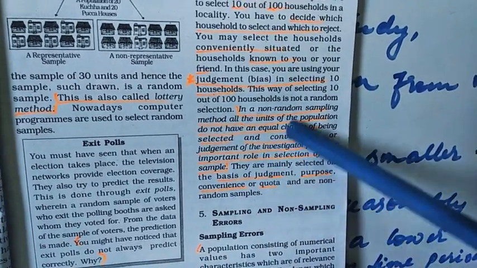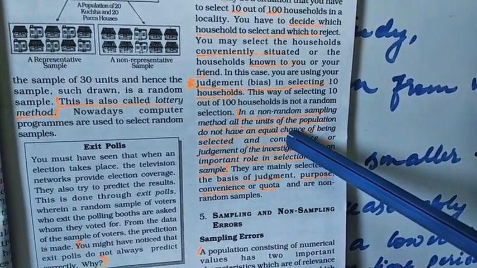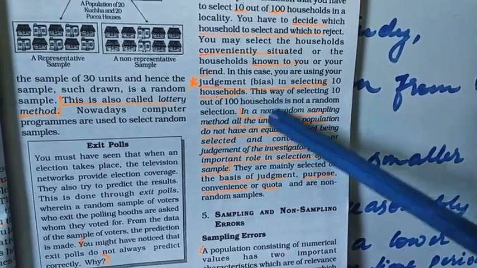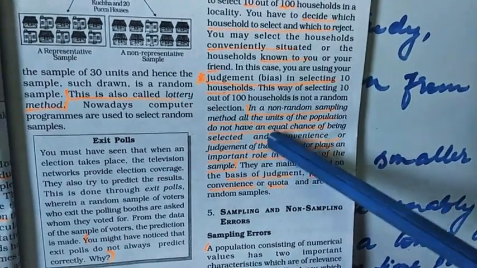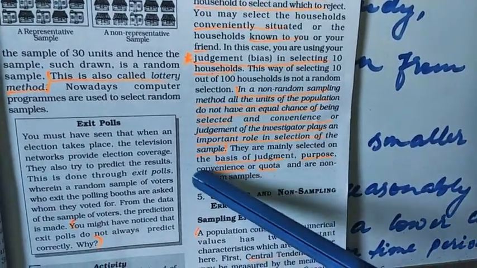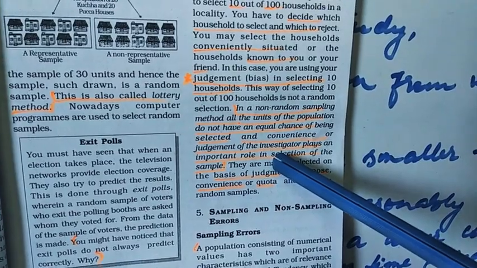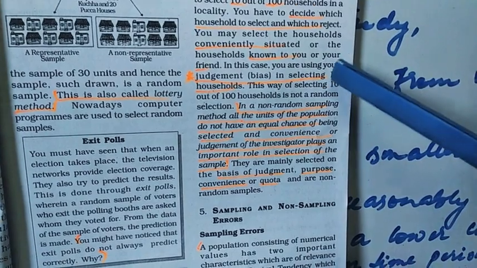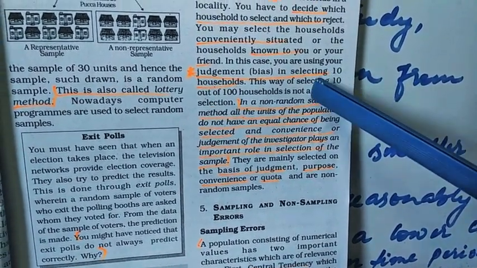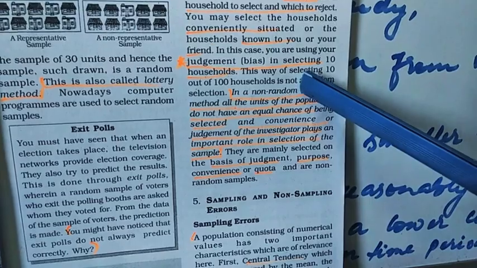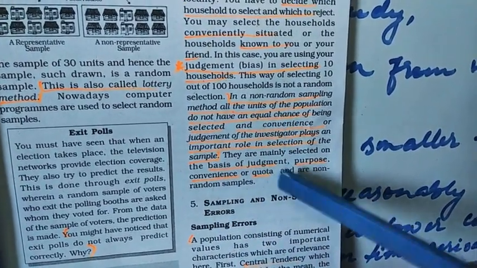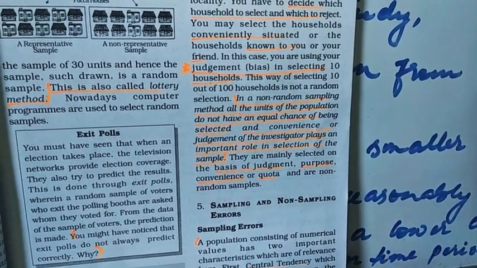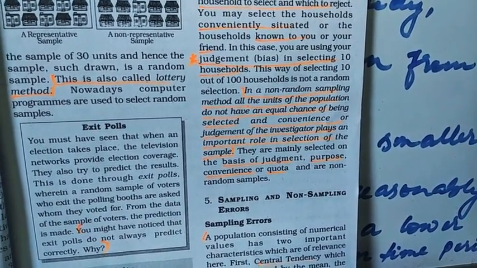And so whoever among the population is not convenient to you, not close to you, does not have any chance of being selected for the sample survey. So everyone does not have an equal chance in non-random sampling because the investigator is using judgment or convenience or being biased toward someone. So they are mainly selected on the basis of judgment, purpose, convenience, and quota, and they are known as non-random samples.